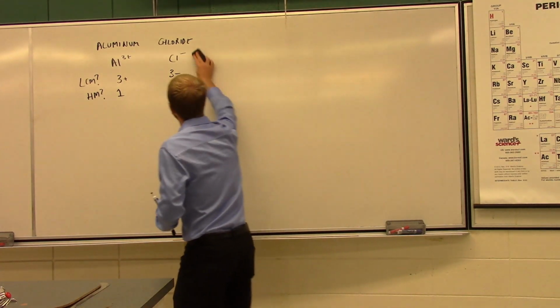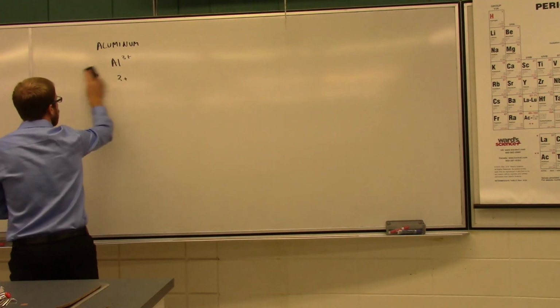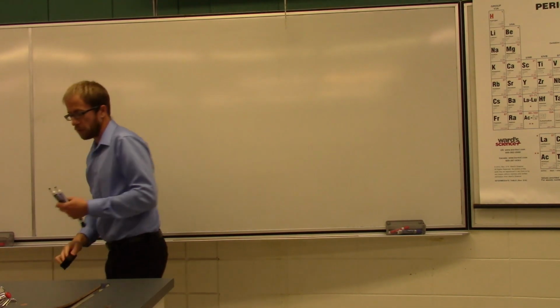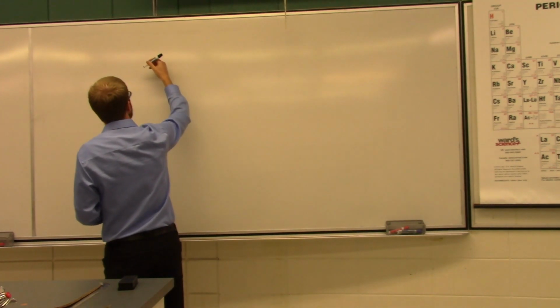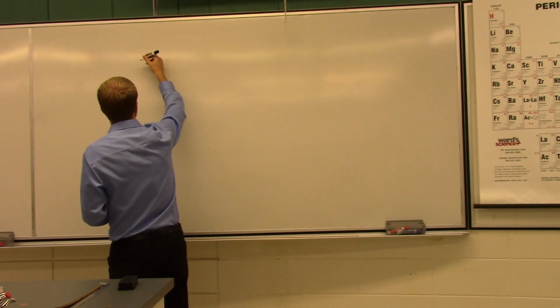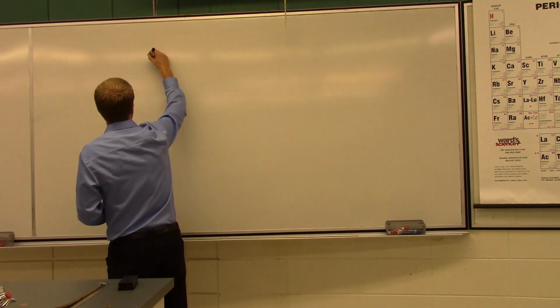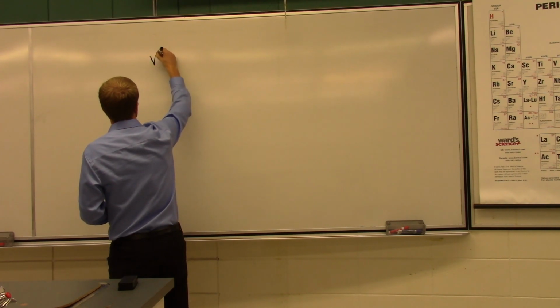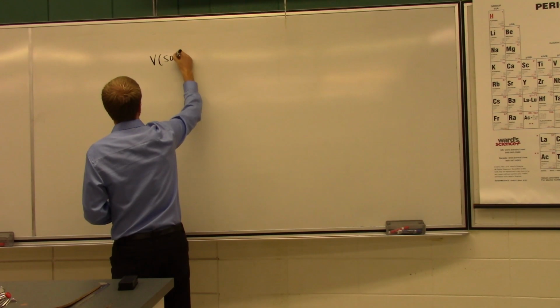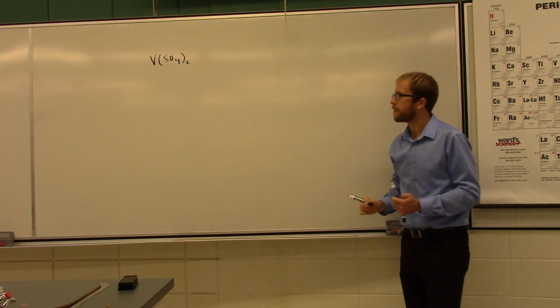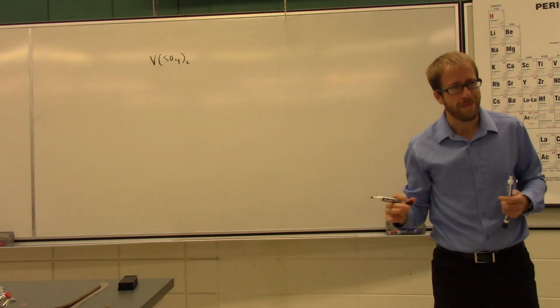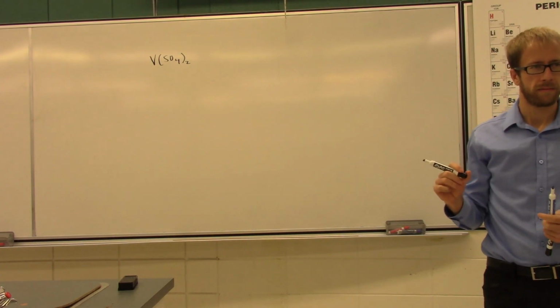And I honestly think this is probably the hardest skill we've learned so far, which is what if I gave you a compound that looks like, let's say, this. We'll say that. How would I name that compound?